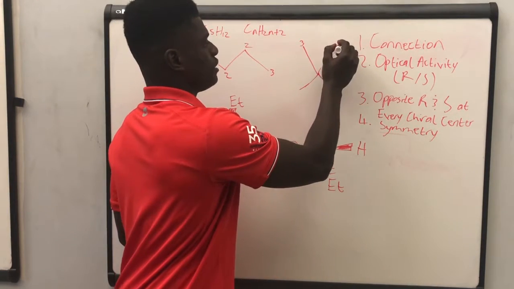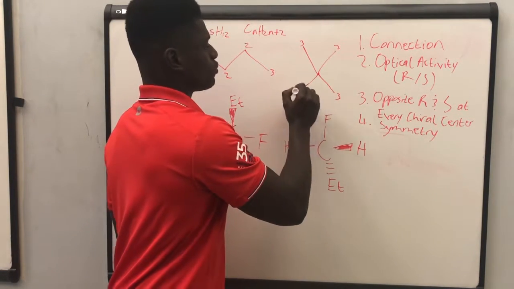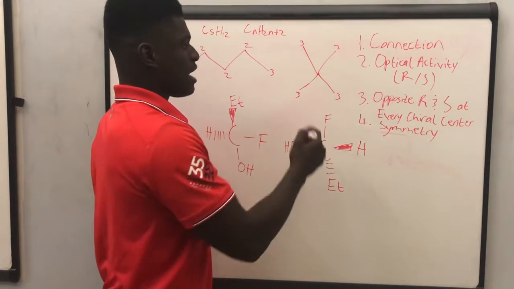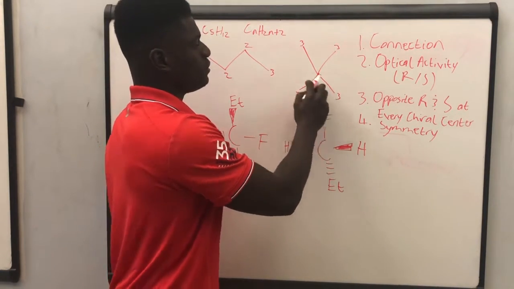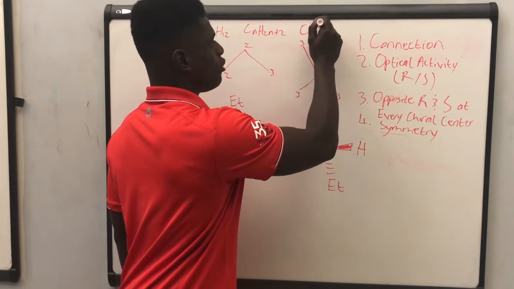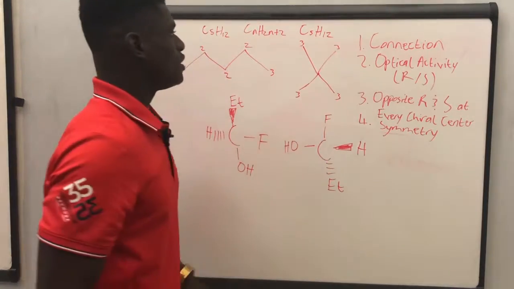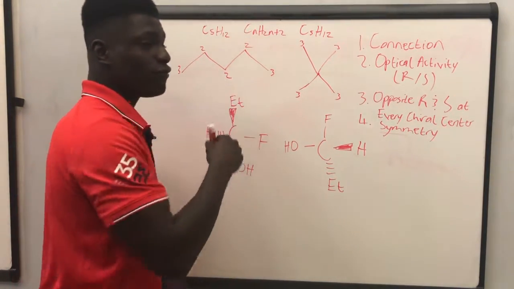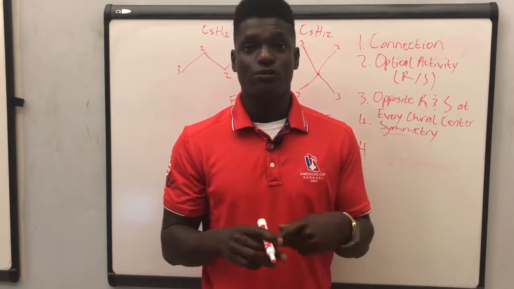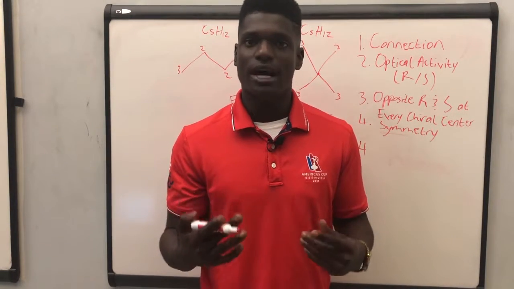We have 3, 3, 3, and 3 hydrogens, implicit hydrogens on each of the endpoints. And how many carbons do we have? 1, 2, 3, 4, 5. Therefore, the molecular formula is also C5H12. Now, from our definitions, we know that these molecules are therefore going to be constitutional isomers.